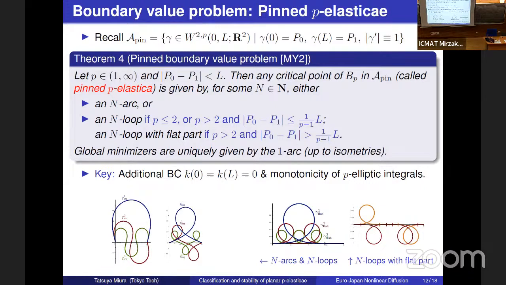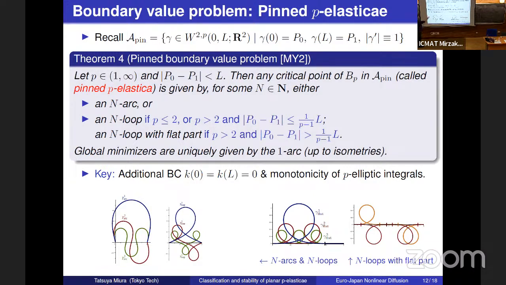A similar thing occurs for the loop case. So we have arc type critical points, and at the same time we also have loop type critical points. And actually, we have two cases, depending on whether the exponent is degenerate, and also depending on the distance of the endpoints.